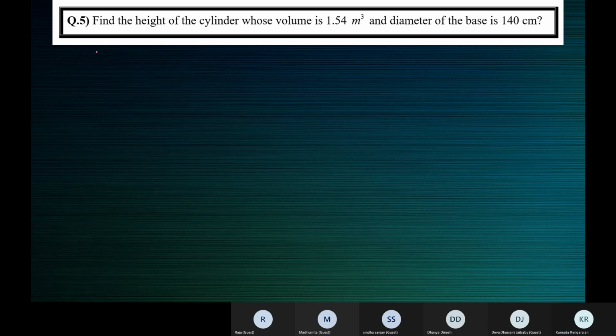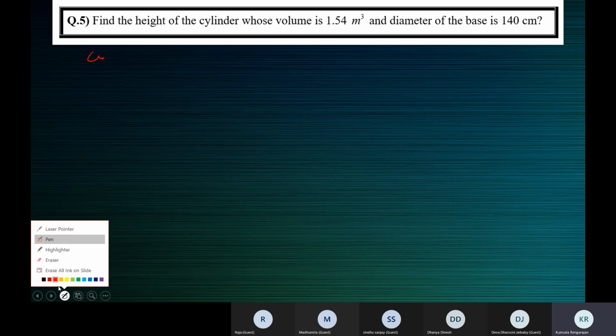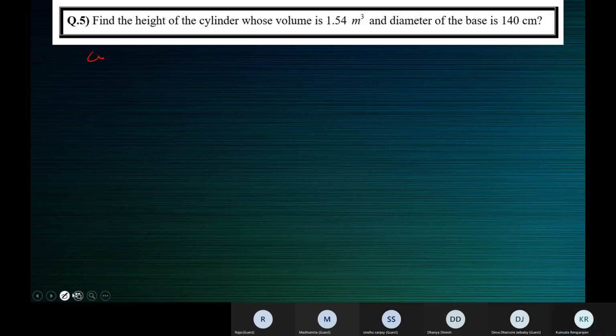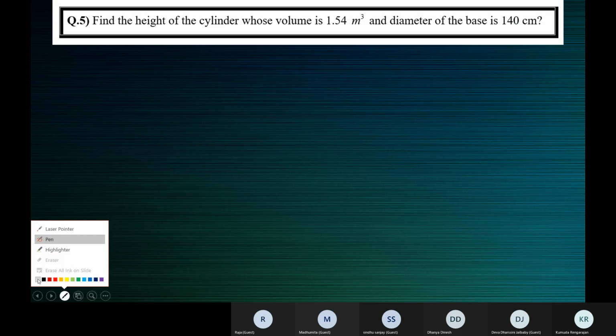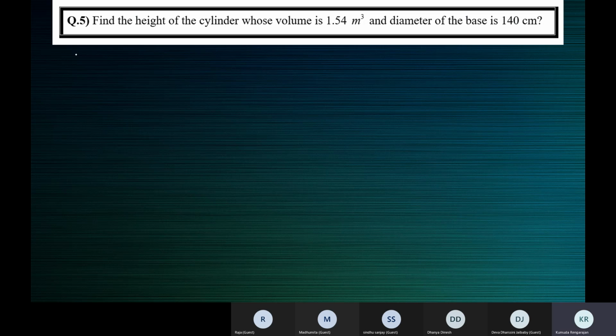See here. So now again for the cylinder, please write along with me. Okay, so cylinder diameter is equal to 140 centimeters. So radius is equal to 140 by 2, which is 70 centimeters.